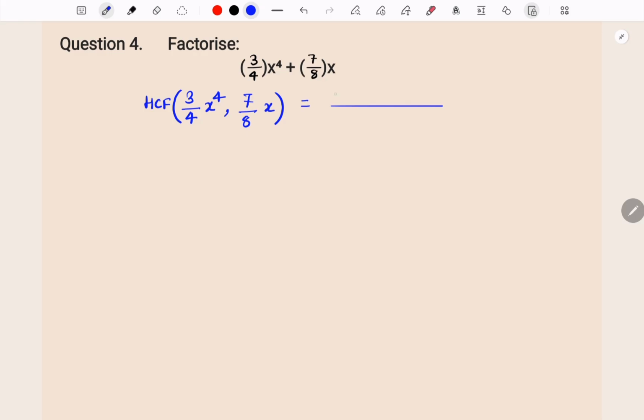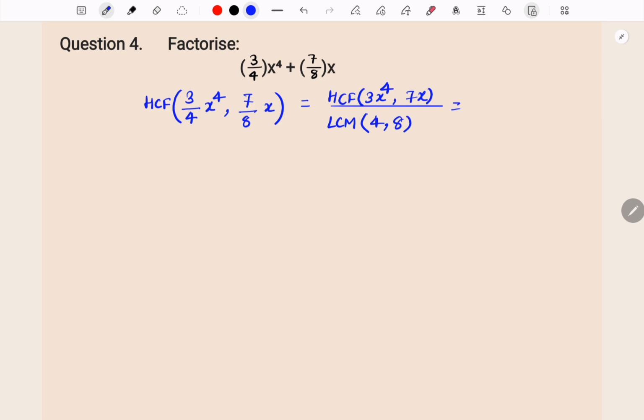So in the numerator, I will write the HCF of the numerators 3x^4 and 7x. And in the denominator, I will find the LCM of the denominators, so I will have 4 and 8.